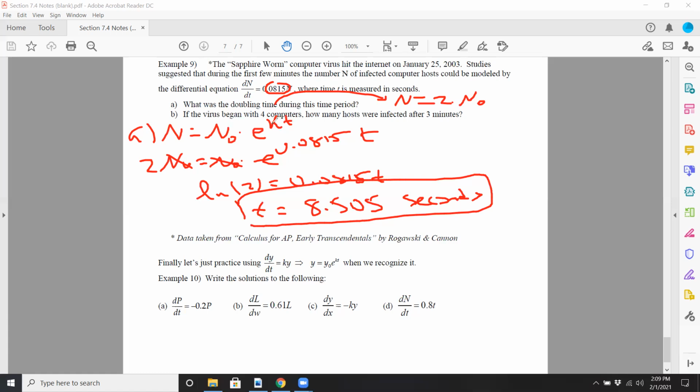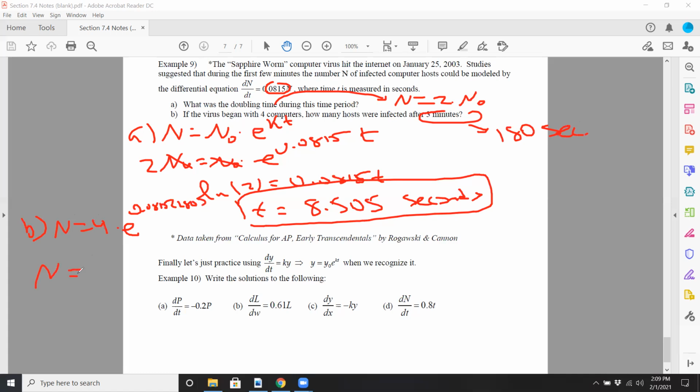Then for part B, if you began with 4 computers, how many were infected after 3 minutes? Well, 3 minutes is 180 seconds. Remember, we're doing this in terms of seconds, because that's how the problem is defined. So for part B, N equals 4 computers times e^(0.0815 times 180). You're going to see a lot of computers are infected.